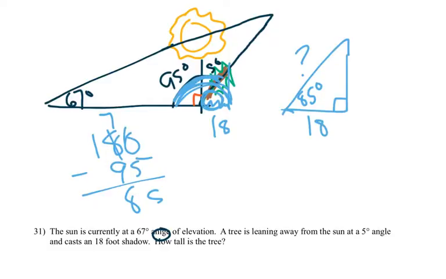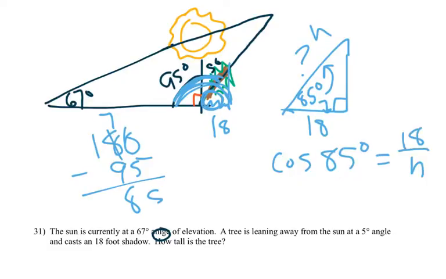Okay? So it looks like we don't even need to use the law of sines or cosines here. We could just say that this is the hypotenuse, that's the adjacent, so it would be the cosine of 85 degrees equals the adjacent side over the hypotenuse.